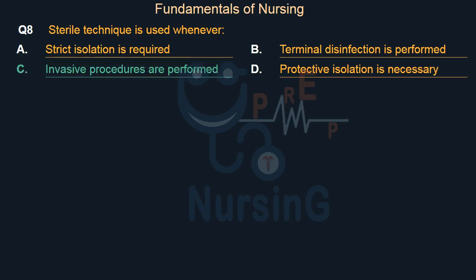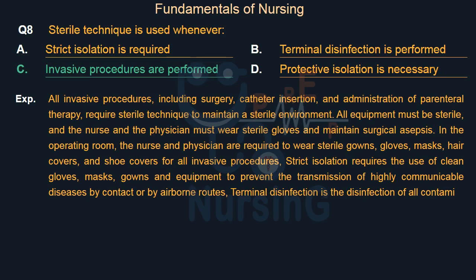Invasive procedures are performed. All invasive procedures, including surgery, catheter insertion, and administration of parenteral therapy, require sterile technique to maintain a sterile environment. All equipment must be sterile, and the nurse and the physician must wear sterile gloves and maintain surgical asepsis.